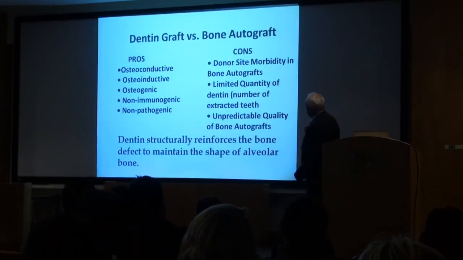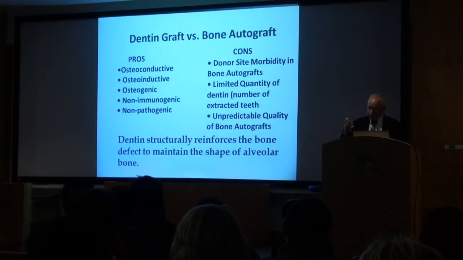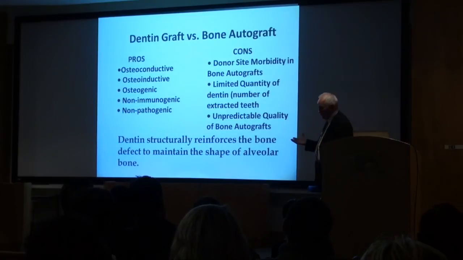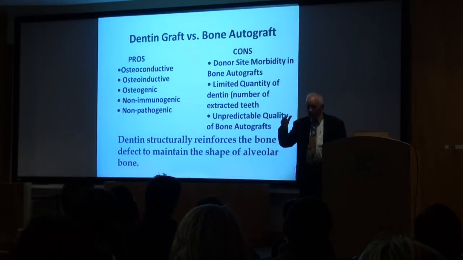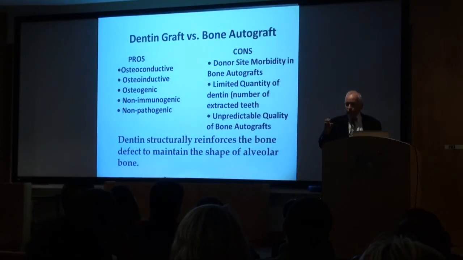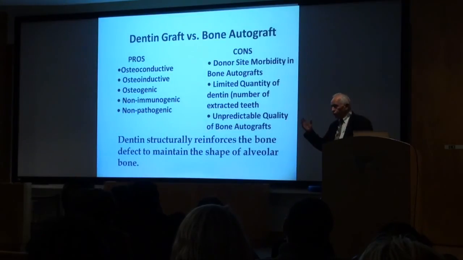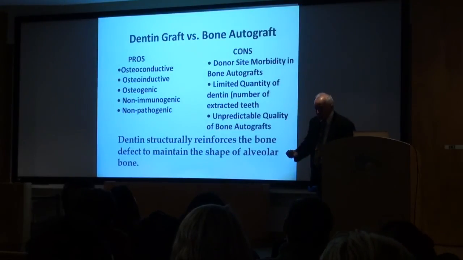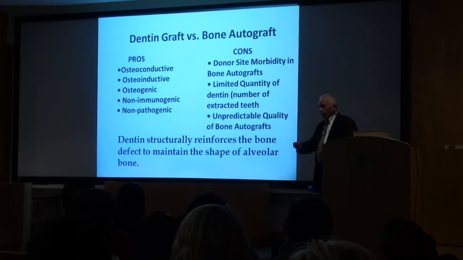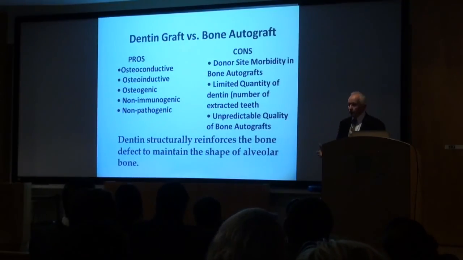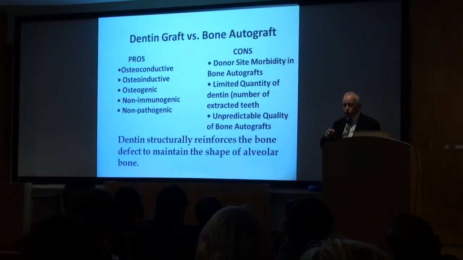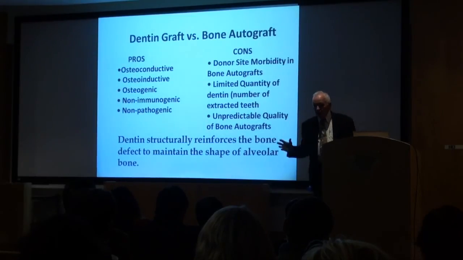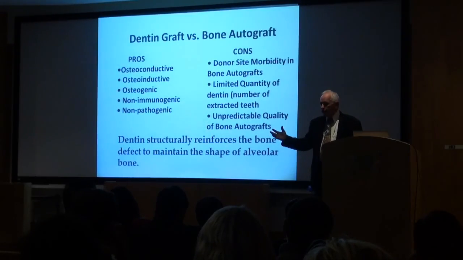The contraindication, though, the problem with dentin, is that sometimes it's a limited quantity. As we said already, the volume of the particulate is 2 to 3 times more than the volume of the root. But still, if we have a big defect, we cannot use it alone. Can we use, together with the dentin, other grafting materials? Yes, we can.